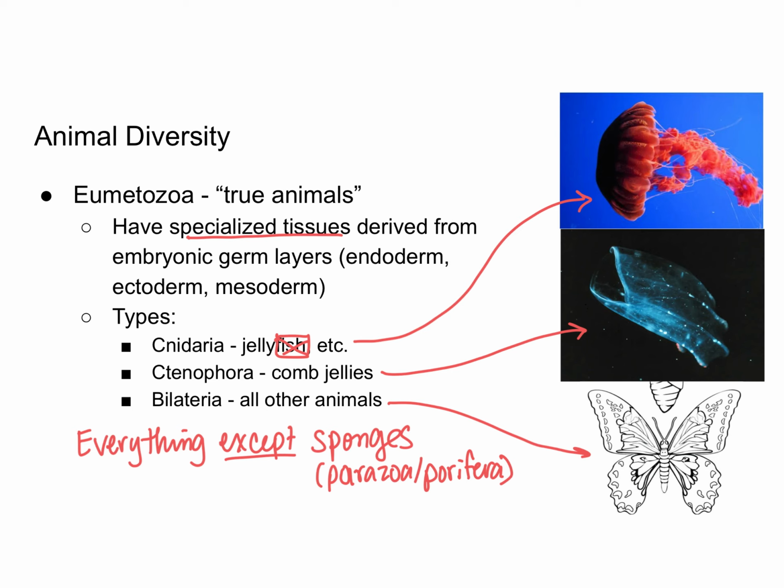So everything except the parazoa, porifera, sponges, whatever you want to call it, belongs to this eumetazoa classification of a true animal with these specialized tissues.